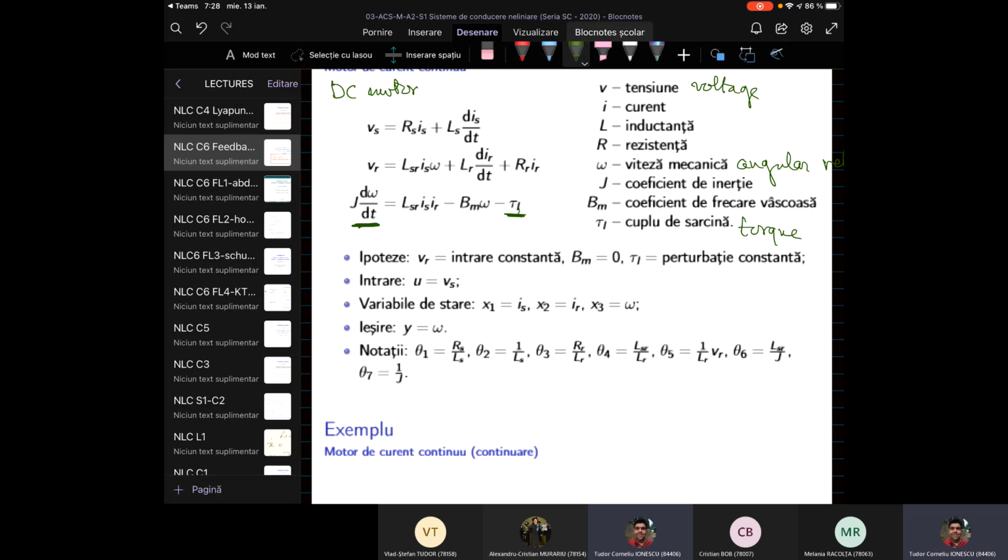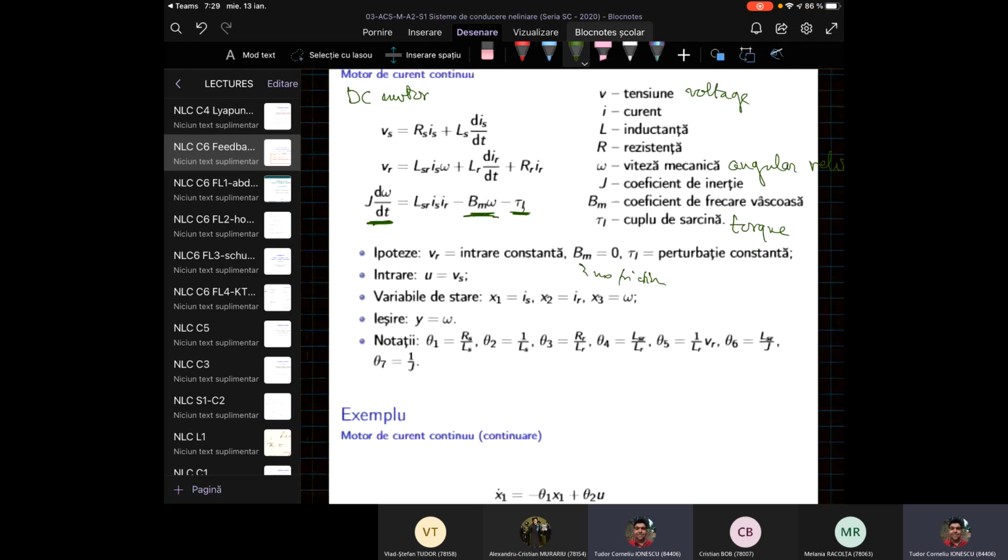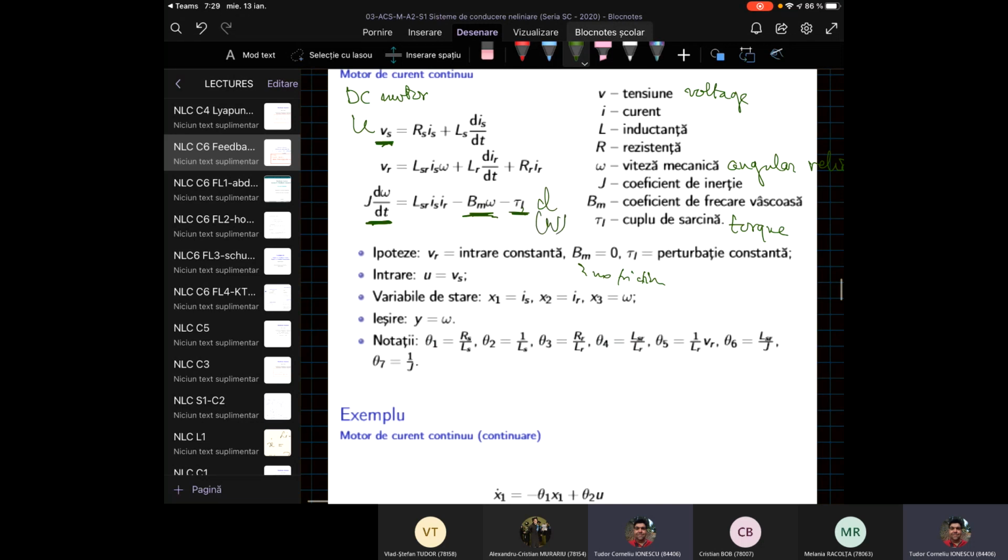So the assumptions we are working with: we have a constant input, Bm equal to 0, so you have no friction. The disturbance is constant. The input is U equal to Vs. This is the control input, and this is the disturbance, so this is U, and this is D or W, if we use control notation.